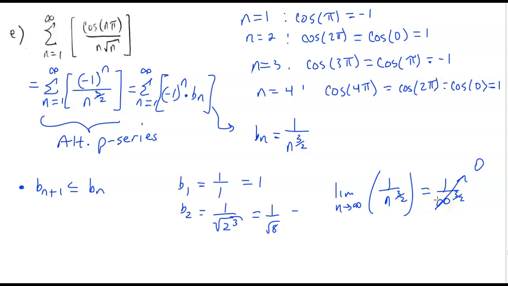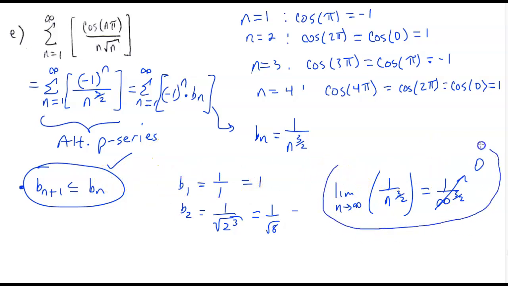So we know that by the alternating series test, because our b sub n sequence satisfies this criterion as well as this one, our series is going to converge. But it's going to converge conditionally.